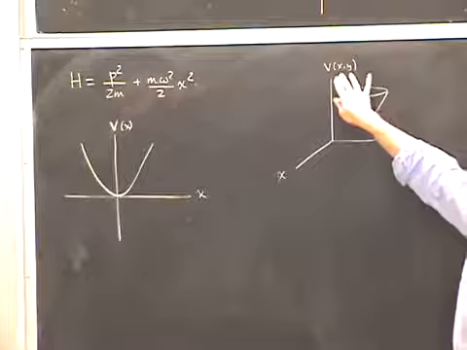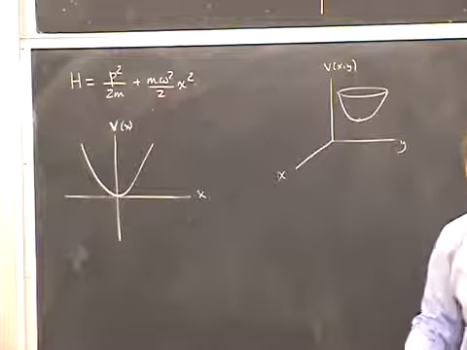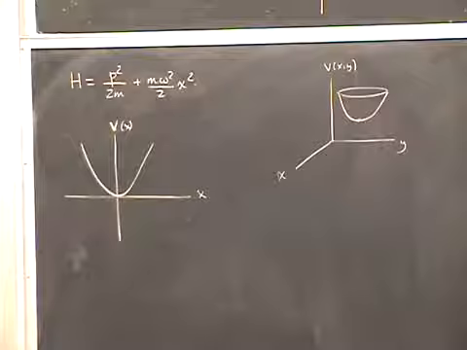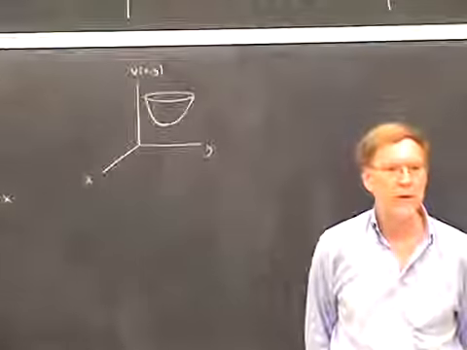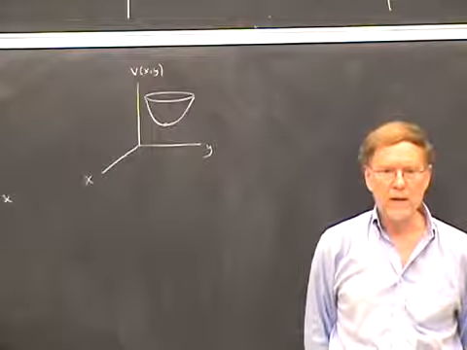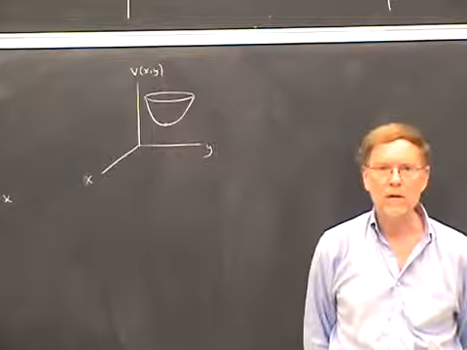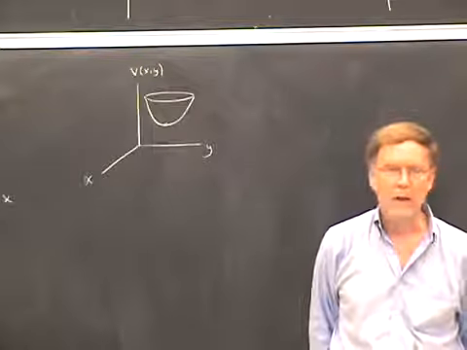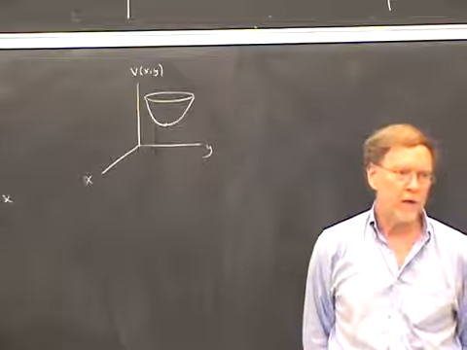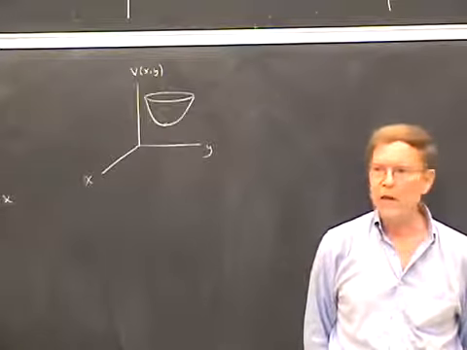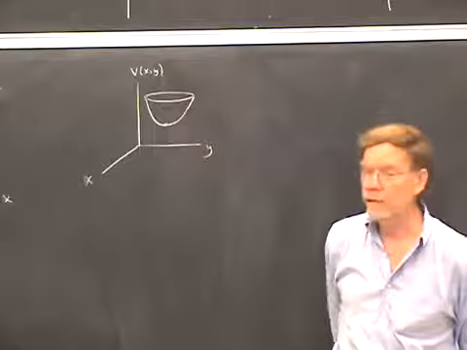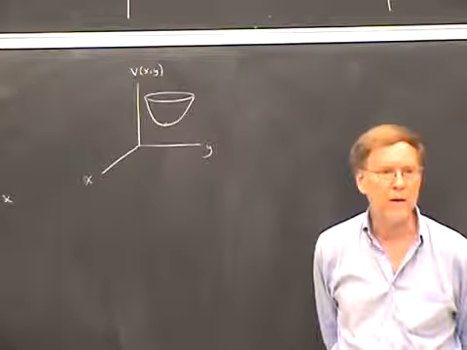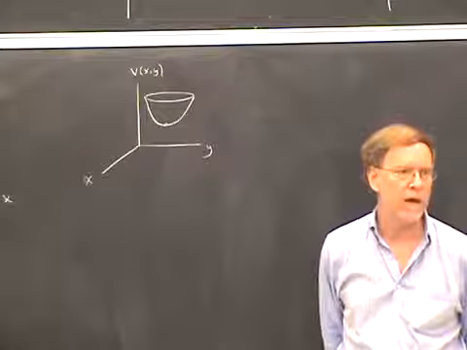I only drew this with two coordinates, x and y, but in some cases the number of coordinates is much larger than that. The famous example is the lattice vibrations in a solid, in which case the number of coordinates is equal to the number of atoms times 3. So it could be an enormously large number. And in that case, the diagonalization of the quadratic form for the potential energy amounts to obtaining the normal modes of vibration of the solid.